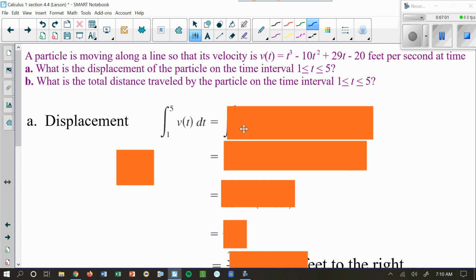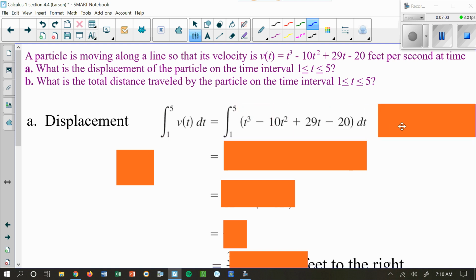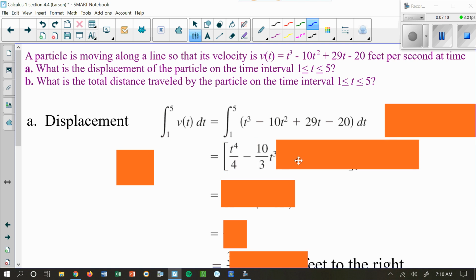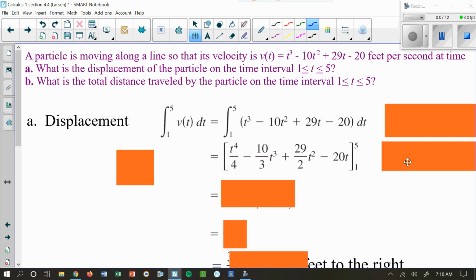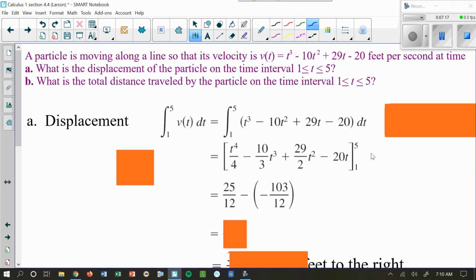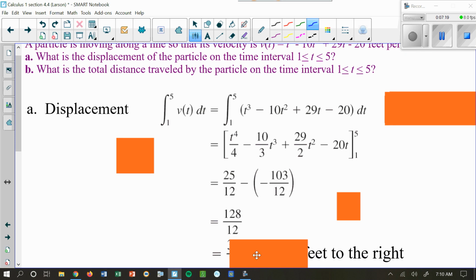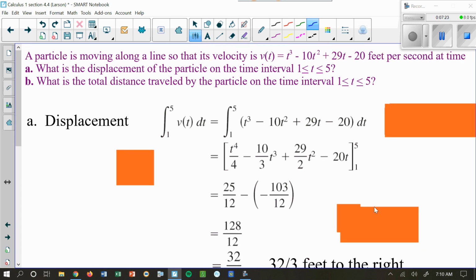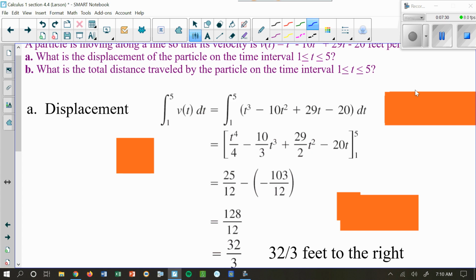So we're going to do just one integral of your whole function, and then we're going to just evaluate it like we were doing earlier here, increasing your exponent by 1, undoing the exponent, and so on, evaluating it by plugging in a 5 minus what you get when you plug in a 1, and so you get this. And in this case, our units would be feet because it says feet per second for your velocity. So displacement's pretty easy. You just do one big integral.